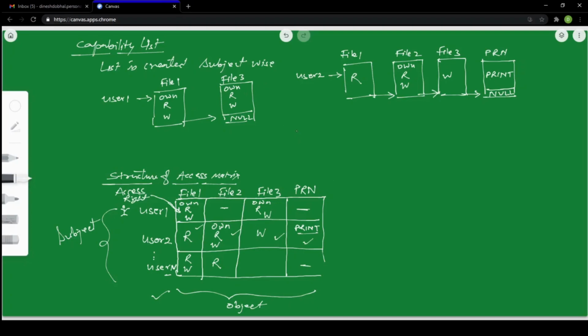Now coming to the last subject or last user, which is user n, because this user is having access over two objects only, that is file 1 and the file 2. That's why this list would contain two blocks only.